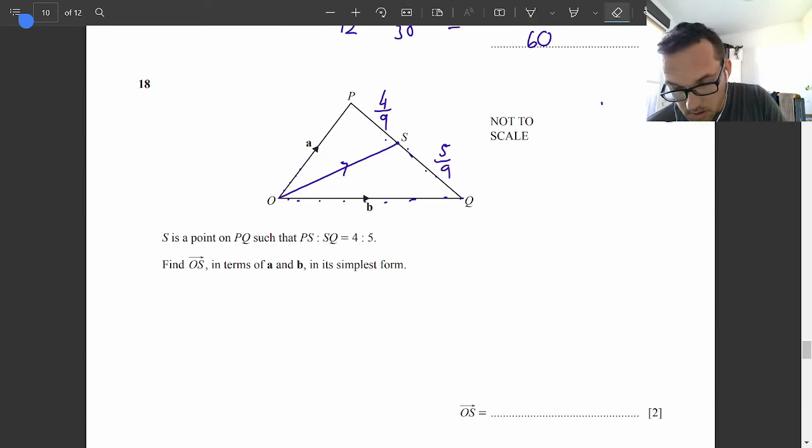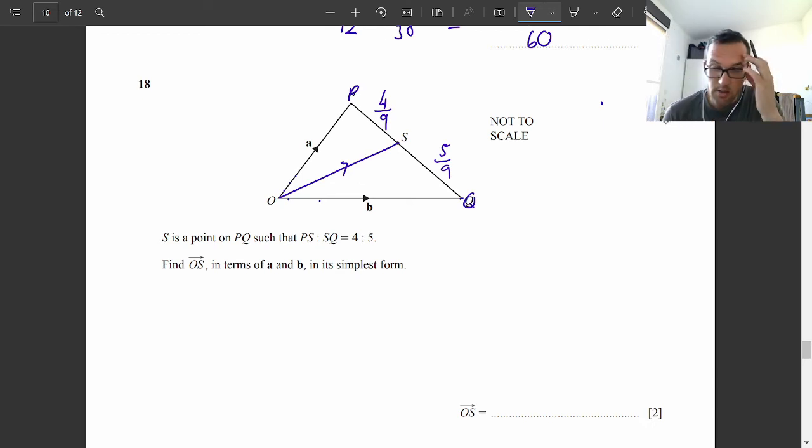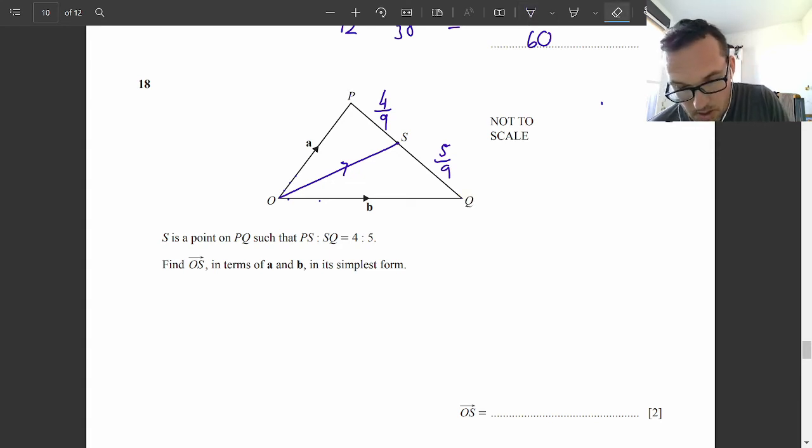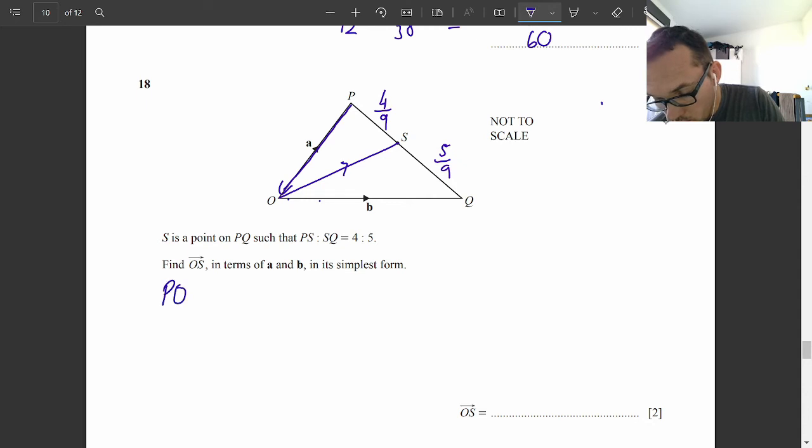But what we noticed immediately is we don't have PQ. We don't have PQ in terms of a and b. So first, we're going to have to work that out. PQ. I mean, we can do QP, but let's keep it alphabetically. All right, so PQ is this route here. Going from P to O, we're following a, but we're going in the opposite direction. So that means PO is negative a.